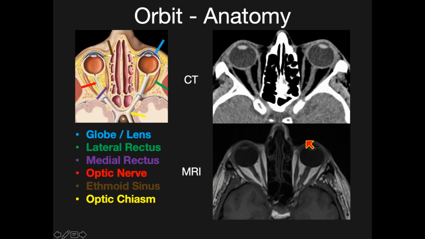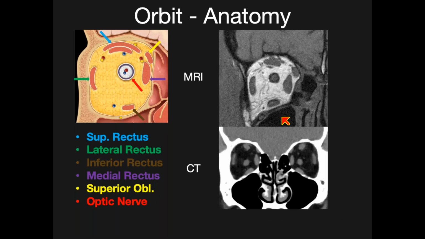This is a midsection going through the orbits, showing the lens, globes, optic nerve, the extraocular muscles, the canal into the pituitary fossa. Turn it into a coronal plane. This is going behind the globes.